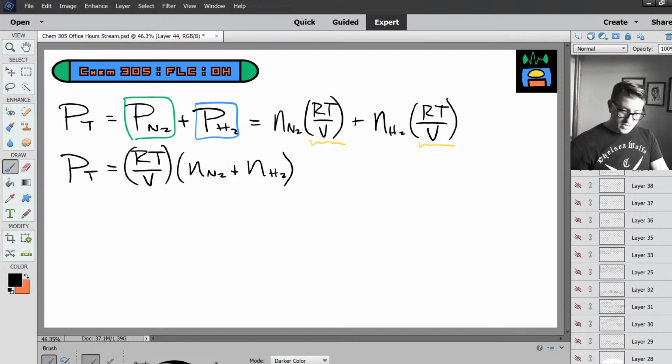And you'll notice that we have been given, we know R, we know temperature, we know volume. We just need to find the moles of N2 and the moles of H2, and then we're golden. All right, we're golden. Now, to find those moles, we're going to need to use our balanced chemical equation, which I'm just going to rewrite right here.